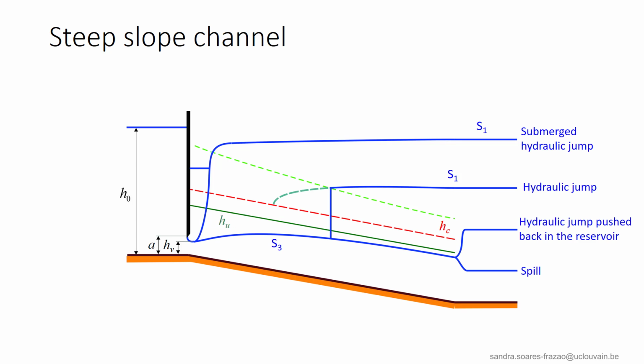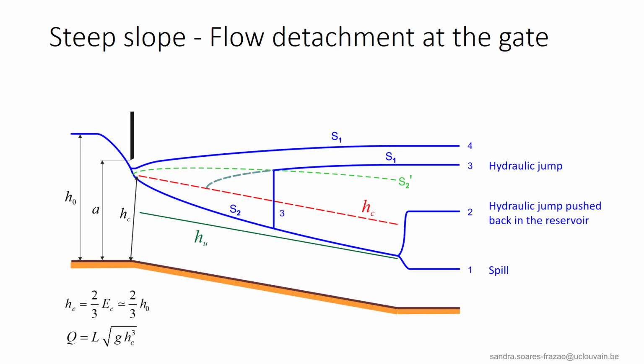Finally, different possible situations for a steep slope channel with a small gate opening below HC are summarized here, considering different possible downstream conditions.